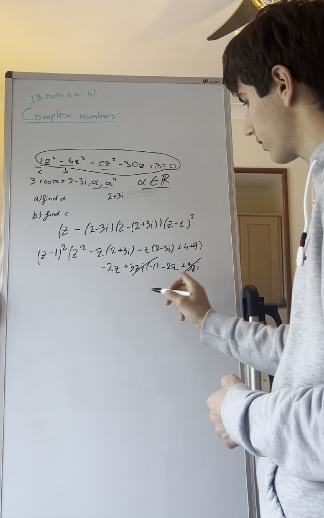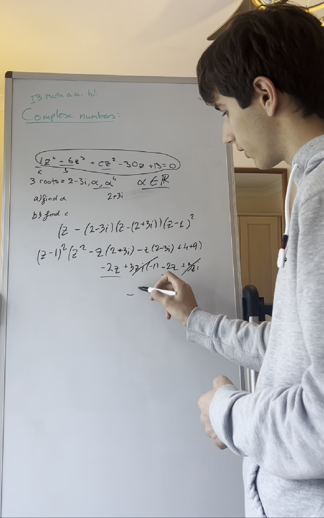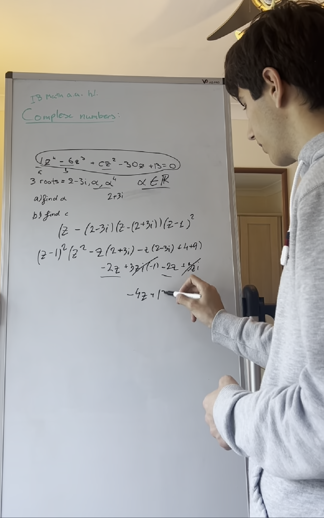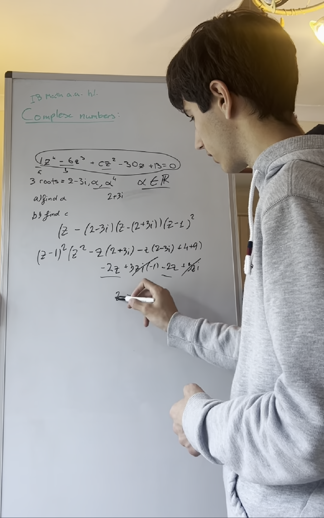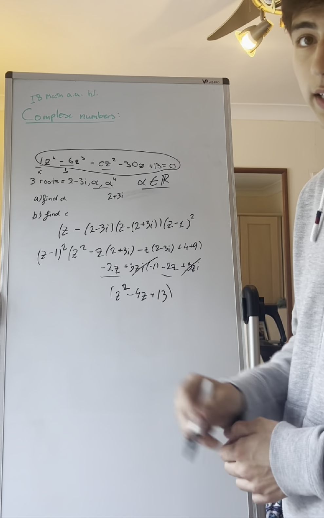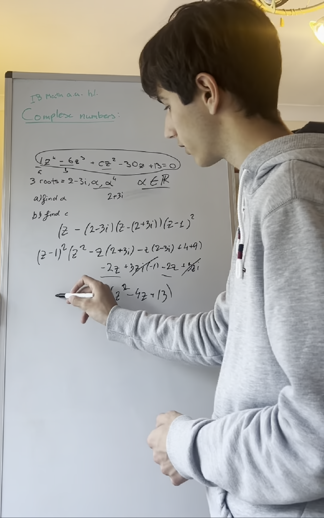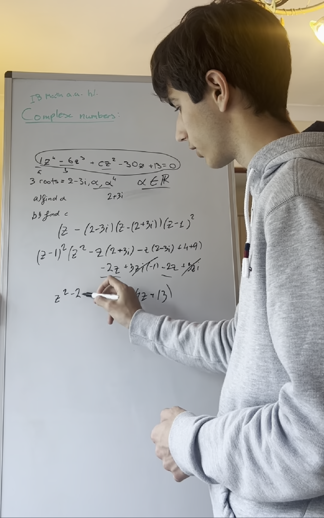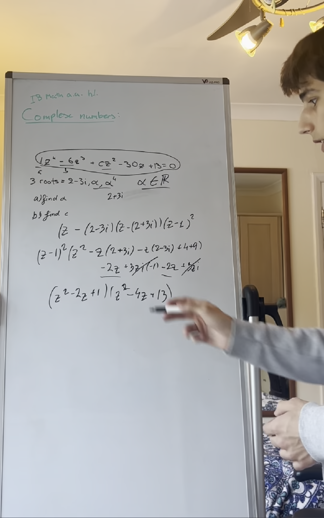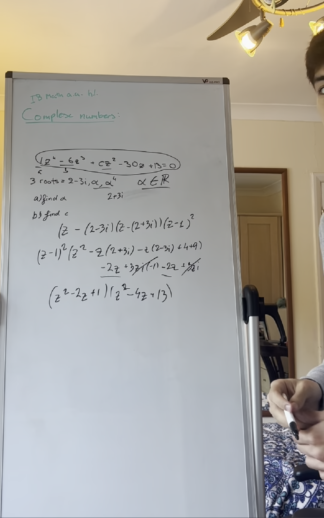So these two will cancel, and these two will combine to give us negative 4z plus, and this is just 13, and that is z squared. And z minus 1 squared is z squared minus 2z plus 1. And now we have this equaling to whatever's on top.